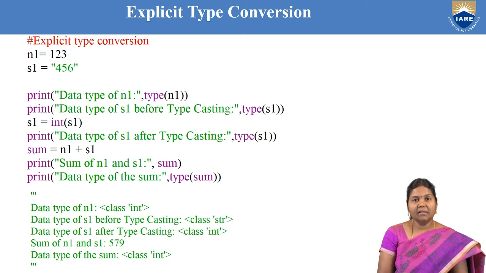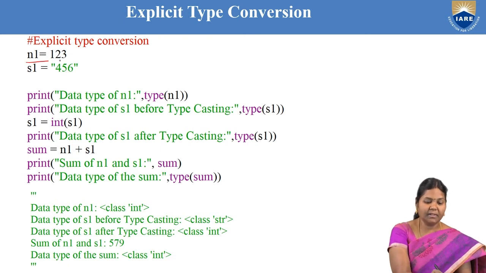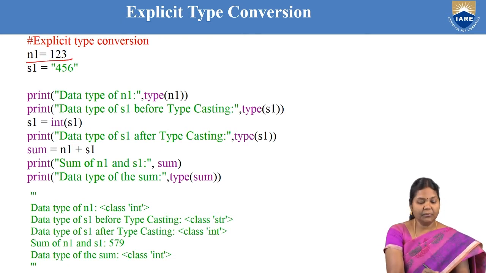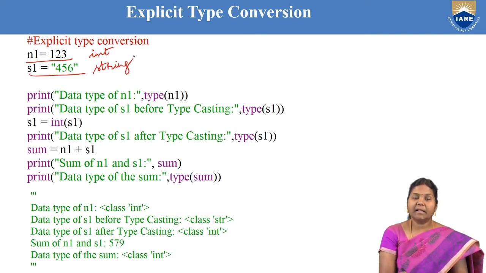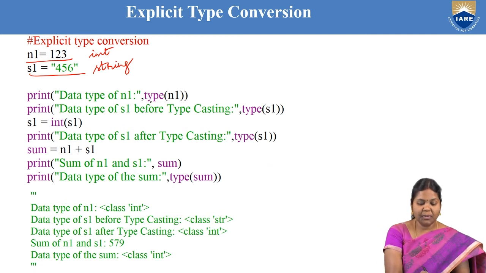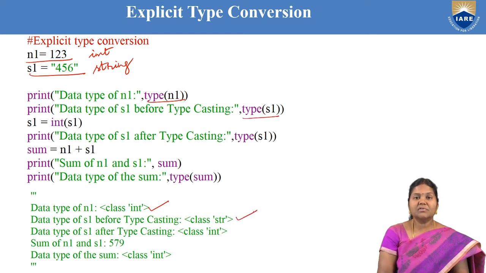So we will do typecasting here using the explicit typecasting mechanism. Here you can see the current value of N1 is 123, which is an integer. And S1 is a string type. Now check the data type before typecasting. What is the type of N1? It belongs to class int. What is the type of S1? It belongs to class str.